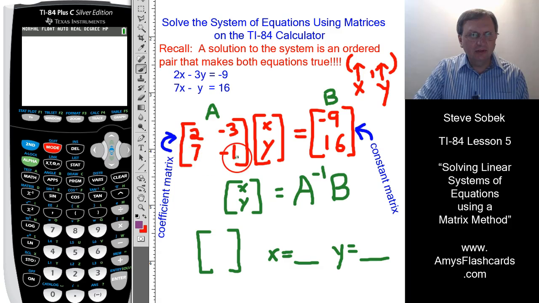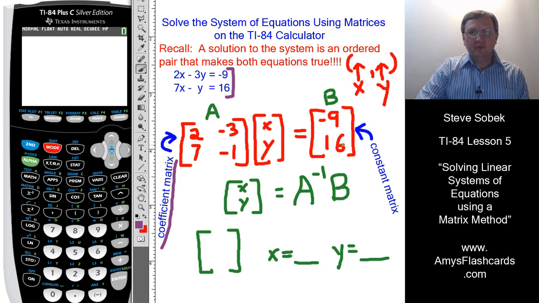The second row, 7 and negative 1, those are the coefficients of x and y in the second equation. That's why we call this first matrix, the matrix A, the coefficient matrix. Matrix B is what we call the constant matrix because we populate this matrix with these two constant terms over here on the right side, the negative 9 and the 16.